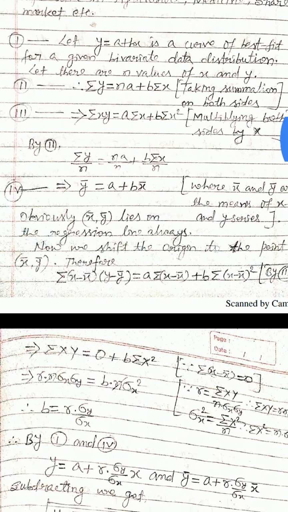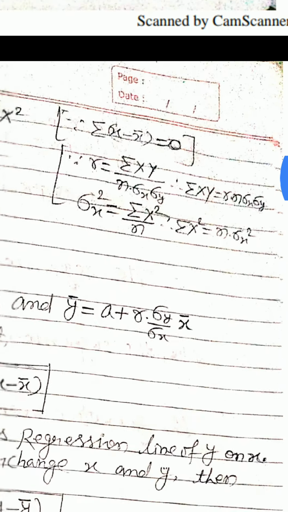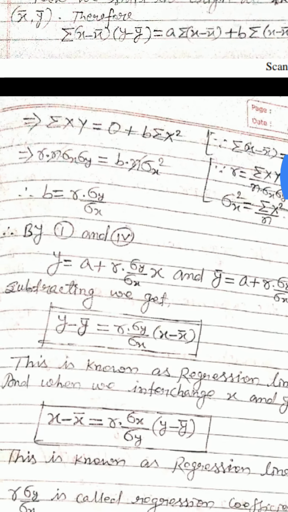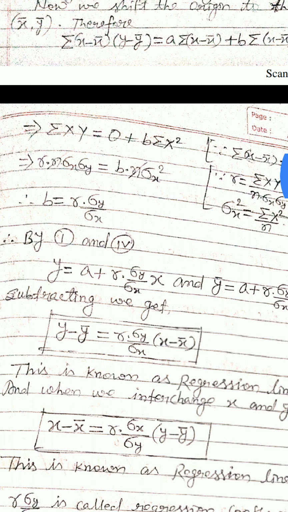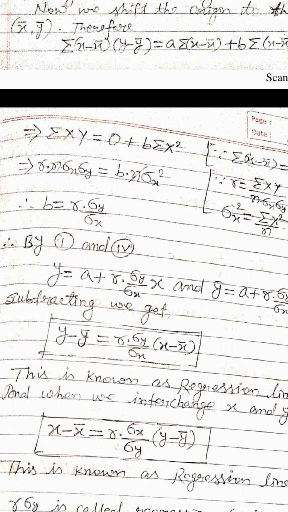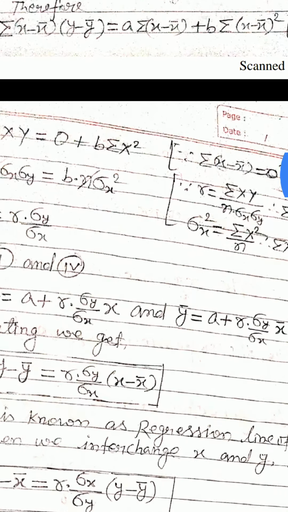So the summation of capital XY is equal to r into n into sigma x into sigma y. We replace it here: r into n into sigma x sigma y is equal to b into the summation of capital X square.